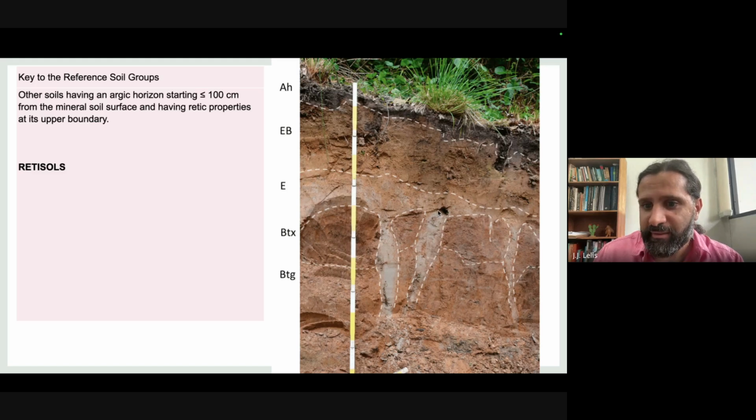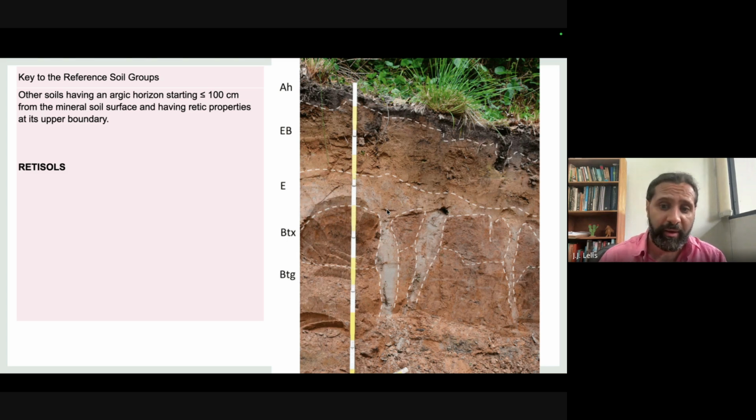So these pieces of E horizon inside the B horizon, or the opposite, it's also true. We have pieces of the B horizon inside an E horizon. So in both cases, we have retic properties, and the presence of retic properties calls the retisols. We must classify the soil as retisol.